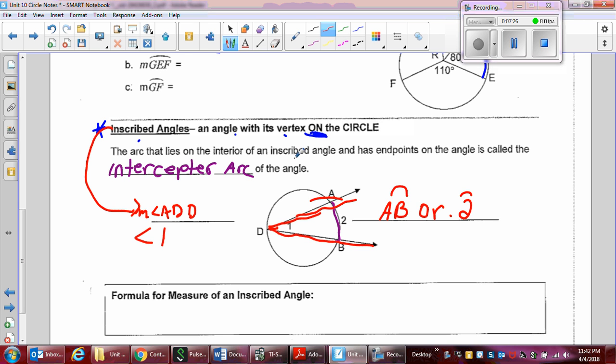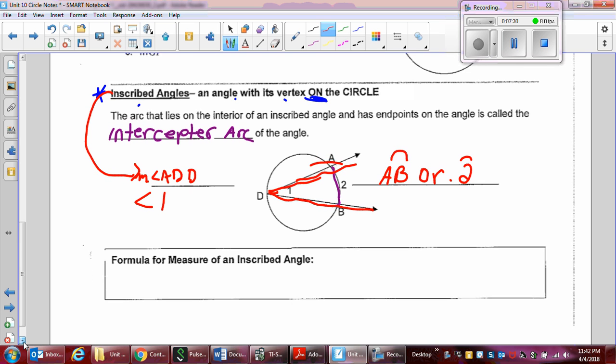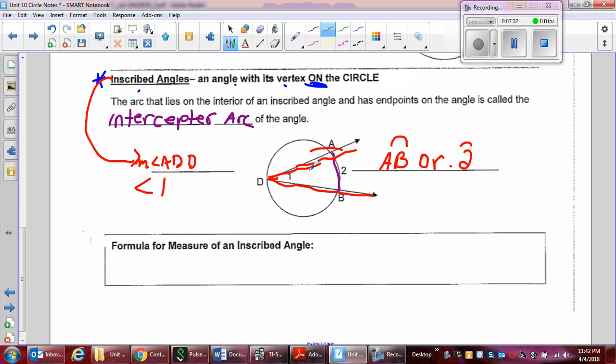So the formula for the inscribed angle is, I know it's kind of easy to use the numbers, but I don't want you to get confused, so I'll write it both ways. The measure of angle ADB is going to be 1/2 of the intercepted arc AB.